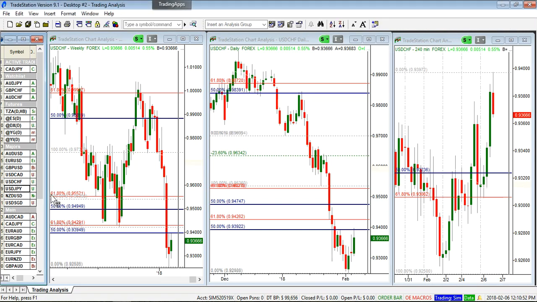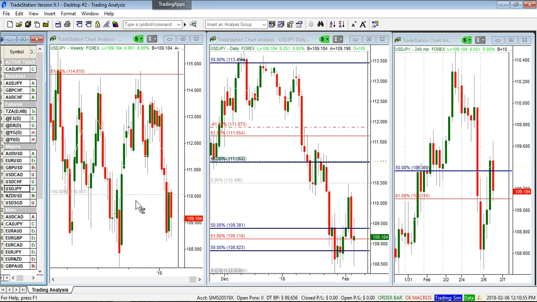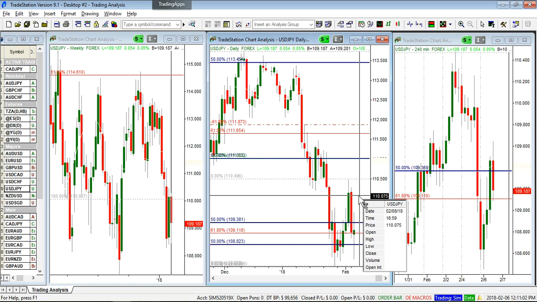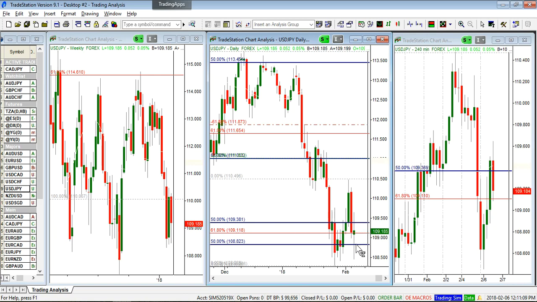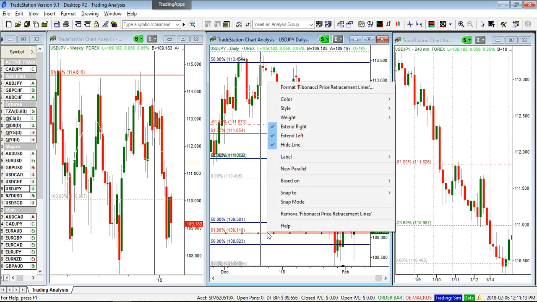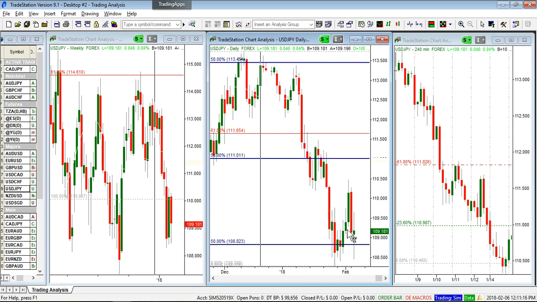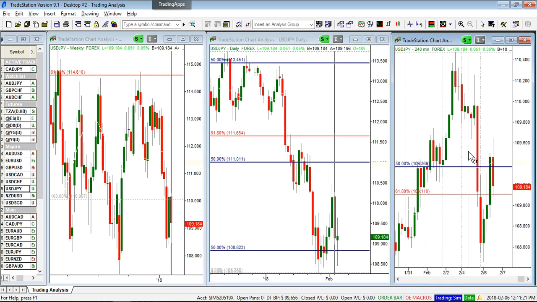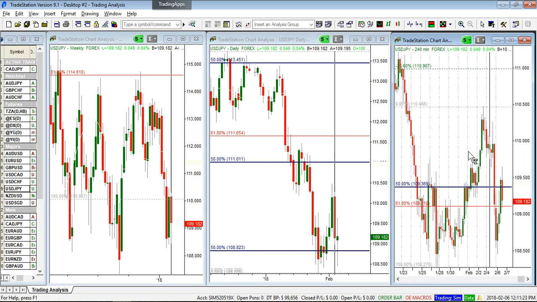Next is the US dollar Japanese yen, and this market has seen a huge move lower on that weakness in the SP 500 that we saw yesterday, and it went to retest the 108.82. So that level, the 108.80 area, is still in play here, and as you can see, we are seeing that bounce.